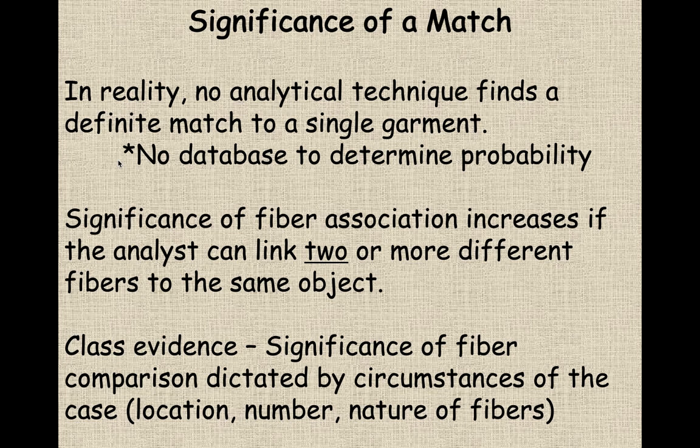All you can say is, yes, they are consistent with each other, which could be significant in certain cases. Now, if you're able to link 2 or more different fibers to the same object, then you're starting to build that class evidence. Remember the class characteristics. The more you have, the more you're corroborating with that evidence, and they are in fact helpful.